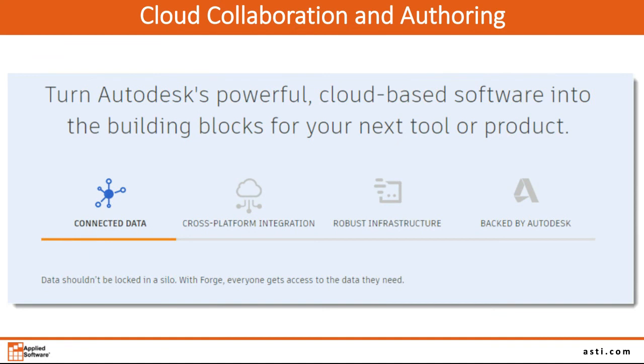The benefit of the Forge platform means that your data will now be more transportable or accessible from multiple platforms. You won't have to export something to some other format. It'll just be available to that other platform. Much more interoperability, much more collaboration between the various team members, regardless of the tools that they're using. And so again, we're seeing this collaboration just explode with possibilities and capabilities and impact on the BIM process.